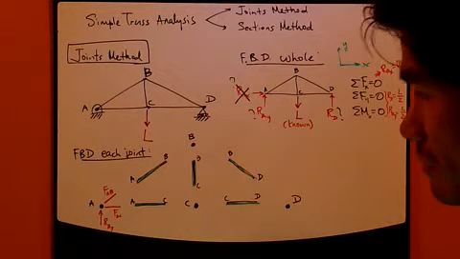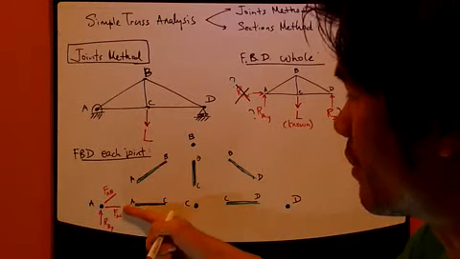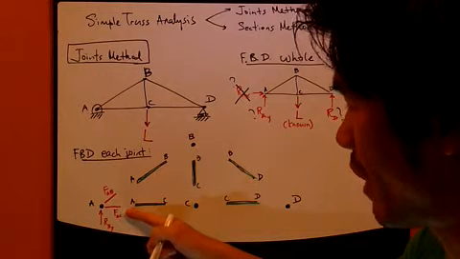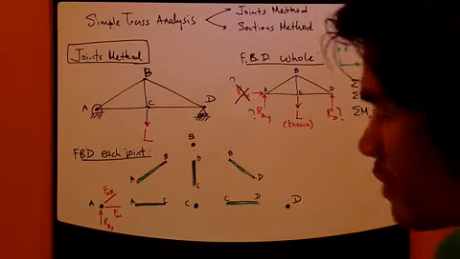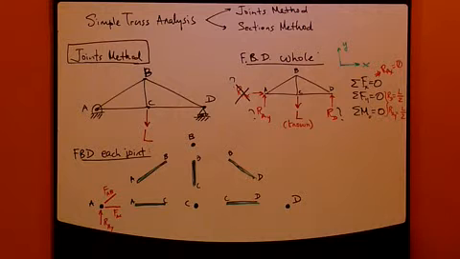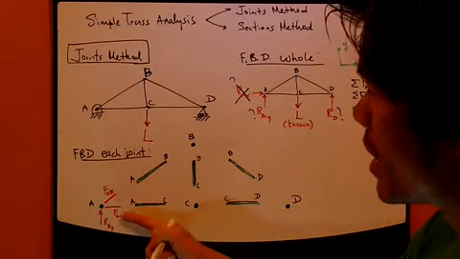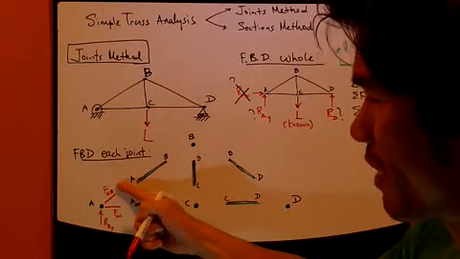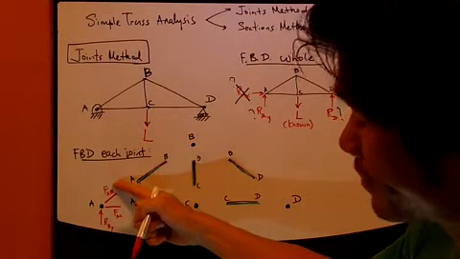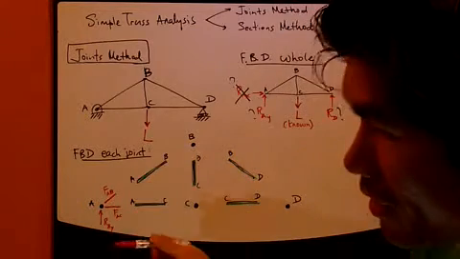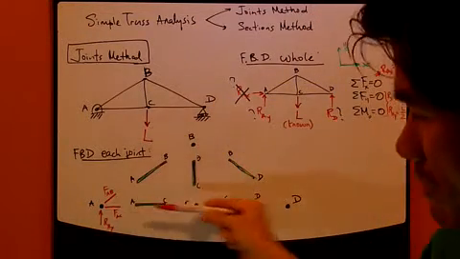Next, you want to think about the direction, the arrowheads for these two forces. Which way should they be pointing? Look at one force at a time. FAB is going at an angle, whereas FAC is horizontal.